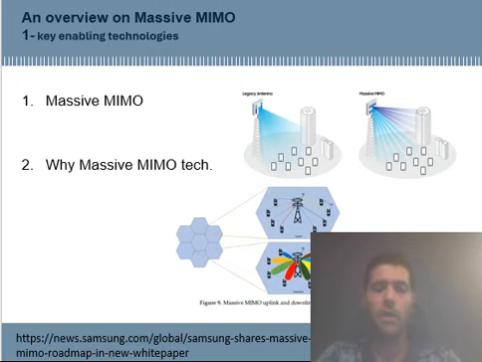Therefore, the growth in mobile data traffic and the number of connected devices to network made it necessary to use massive MIMO technology to help 4G and 5G networks.